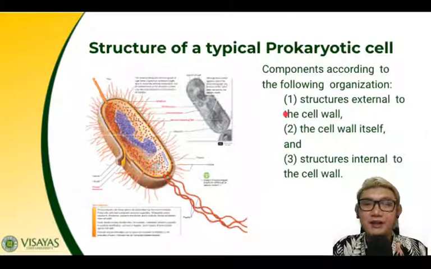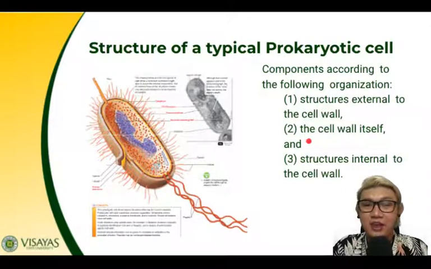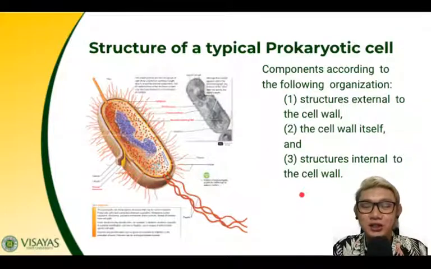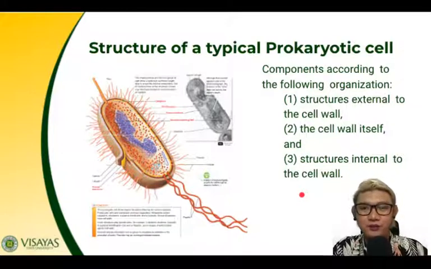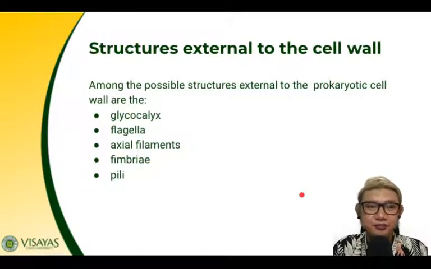So first are those structures that are found external to the cell wall. The second is the cell wall itself. And the third are the structures internal to the cell wall. So let's first talk about the structures external to the cell wall in this lesson.